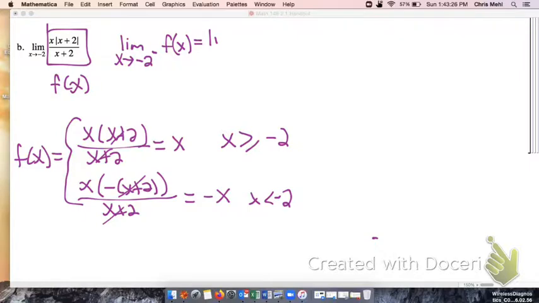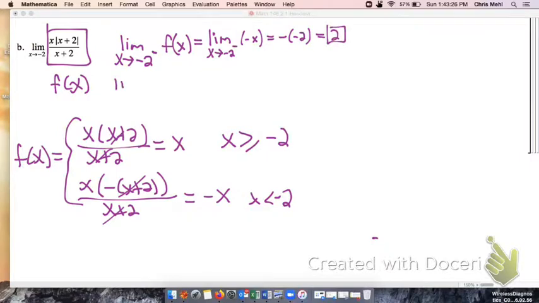So you have to calculate the limit at -2 by doing left and right hand limits. If you're doing the left hand limit, we saw that if x is less than -2, f of x just becomes minus x. That's a polynomial. You can just plug the limiting value in, so that's minus -2, you'll get positive 2.